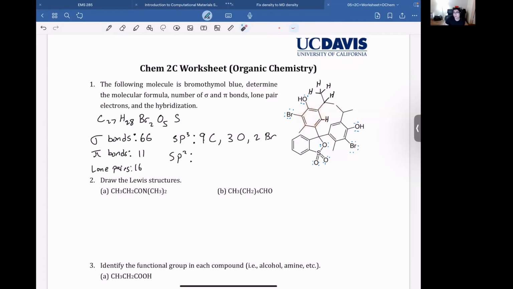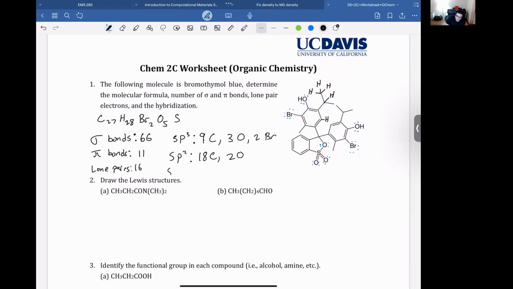There's 3 of them. So there's 18 carbons, and those are the only carbons with 1 pi bond. Then looking at oxygens, there is 2 oxygens with 1 pi bond.